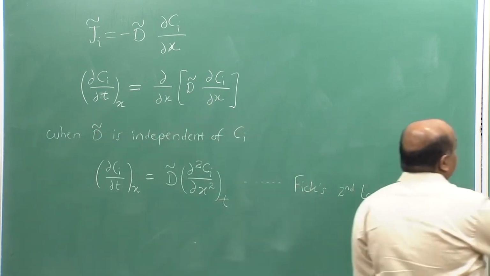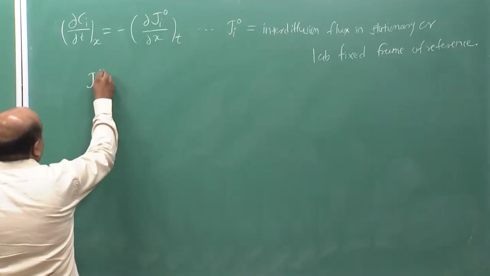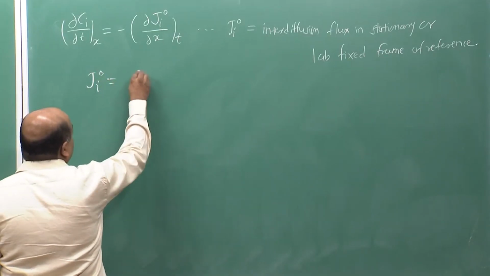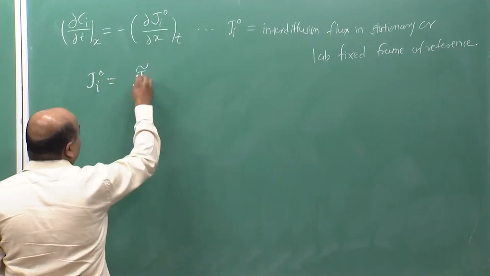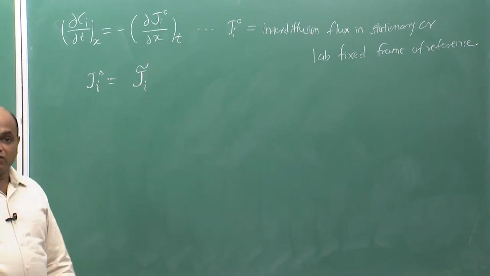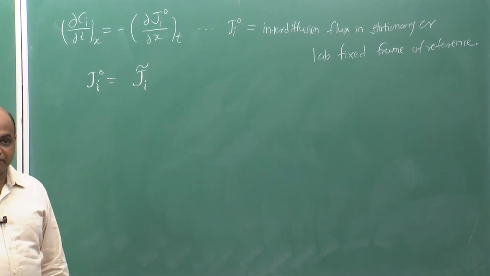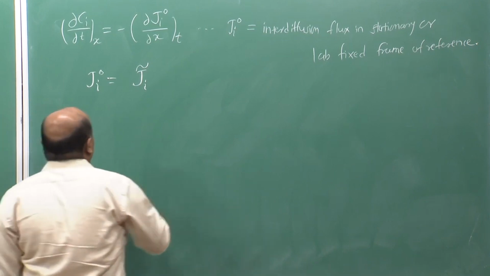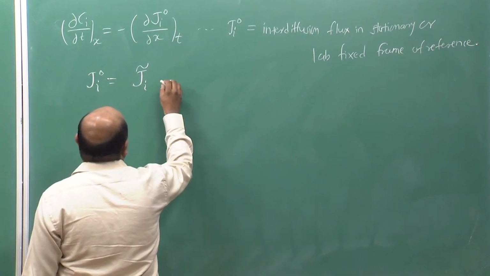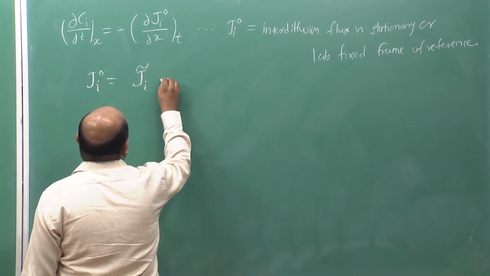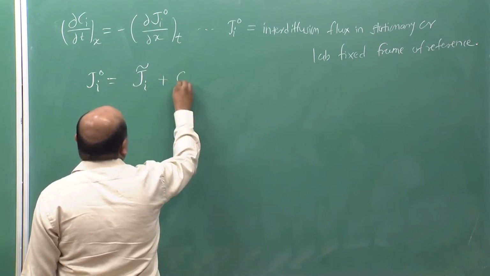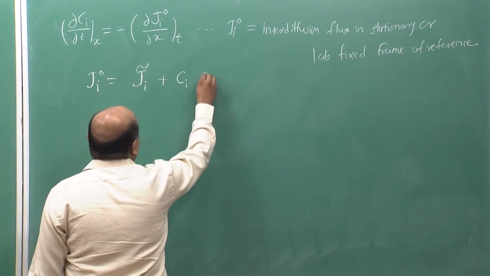Otherwise, we know Gi 0 equal to Gi tilde, this is in volume fixed frame, right? Gi tilde should be plus Ci times uv.